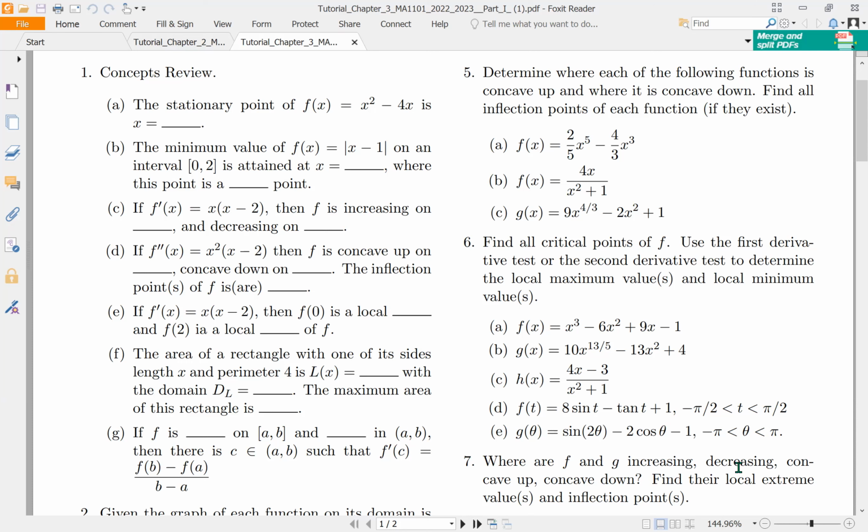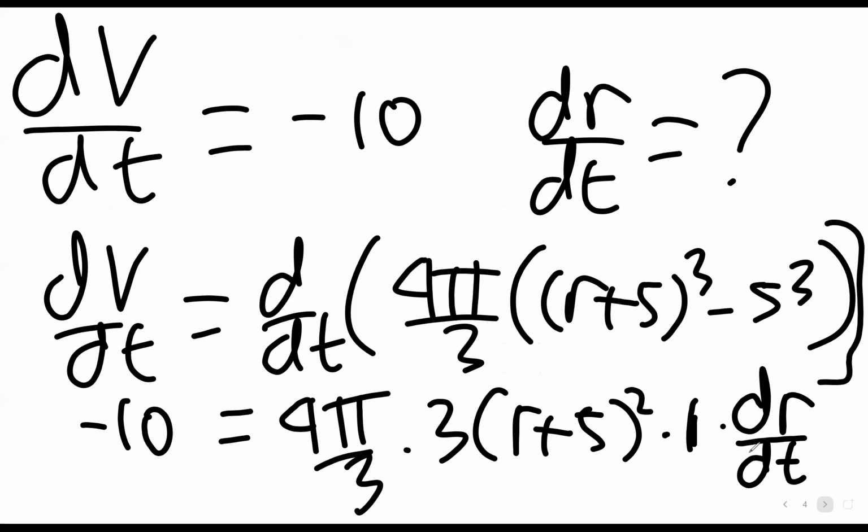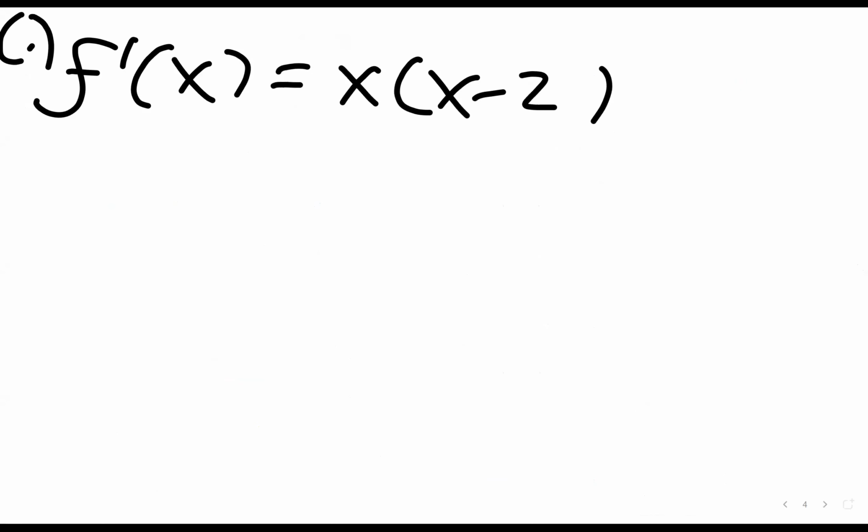For example, consider 1c. You are given f prime of x, and you want to know the monotonicity of the function. f prime of x is x multiplied by x minus 2, and you want to know when the function is increasing and when it is decreasing.